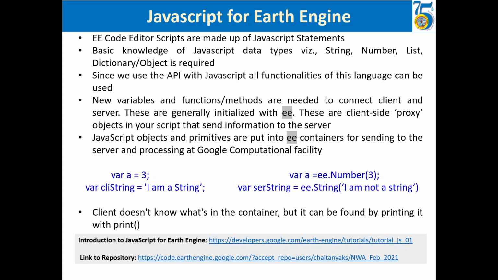We will come to that just in a while. Now, JavaScript objects and primitives. JavaScript provides two types of data types. One is primitive values, which are numbers, strings, booleans, etc., and then non-primitive values, which are objects, for example functions and arrays.